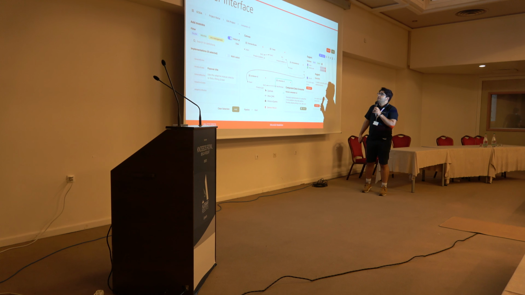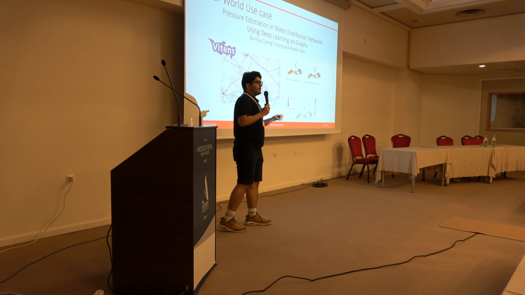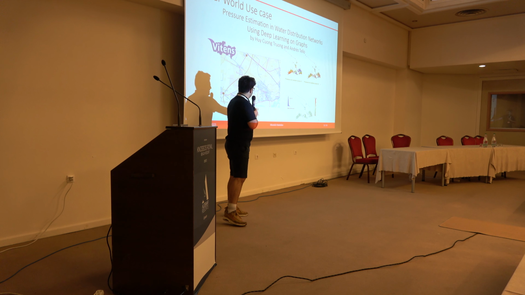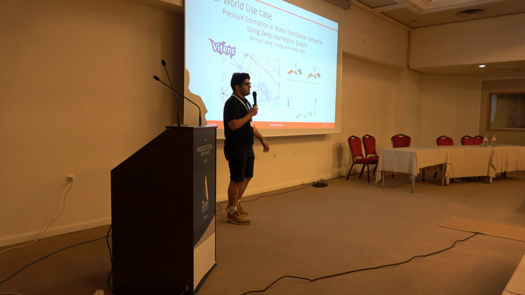And this is the first real use case that we implemented on our platform, which is from our client Vitens, which is the largest water company in the Netherlands. And this is one of these smart areas called Oosterbeek, which has around 6,000 nodes with only 300 sensors.